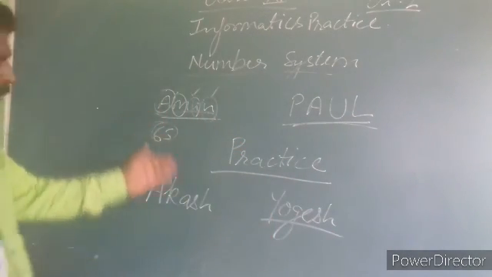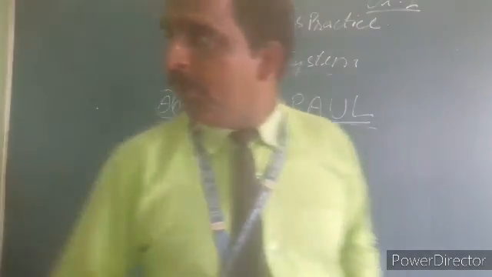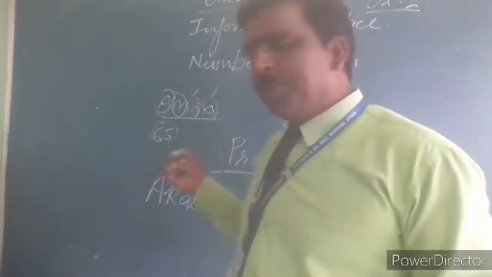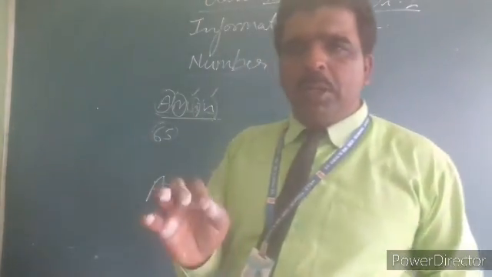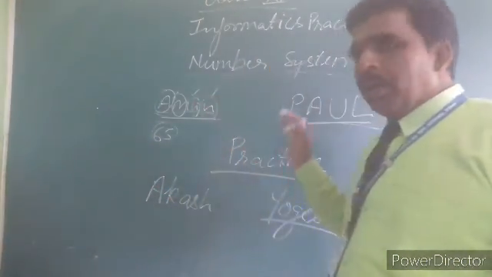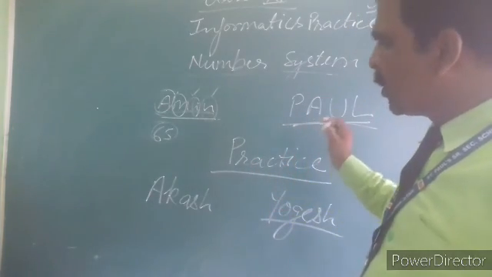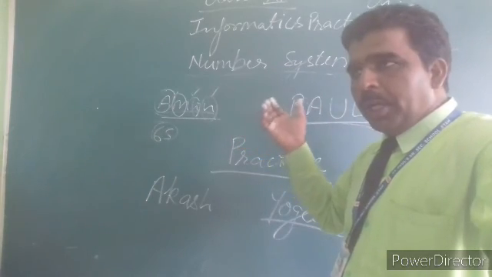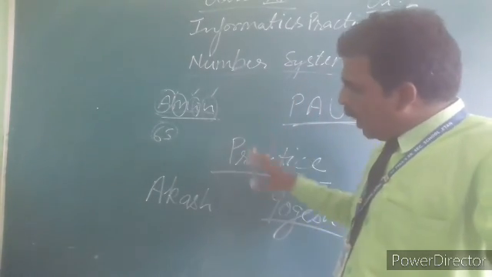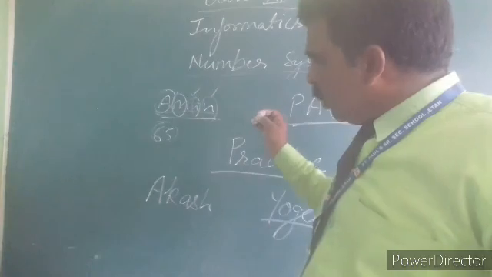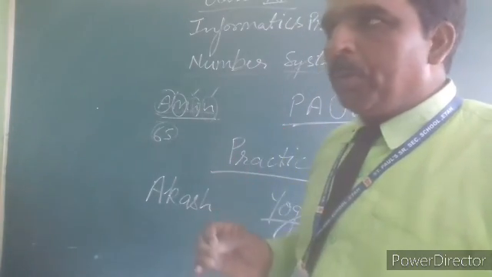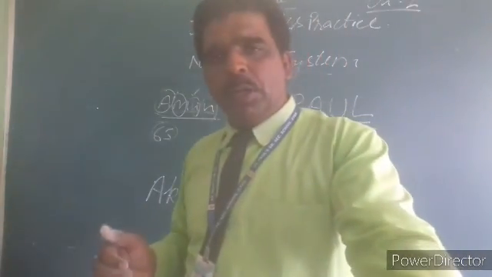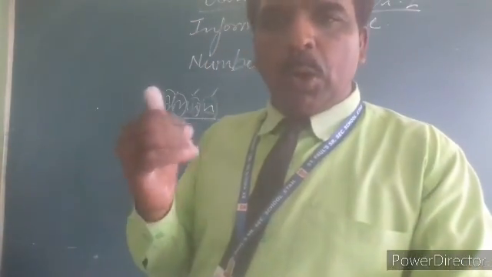So these 5 names we have given you as practice, and after that you should calculate the binary number system, and as well as you can calculate the ASCII codes also. After that you have to note it down in your notes, and if you are facing any problem, directly you can contact me.